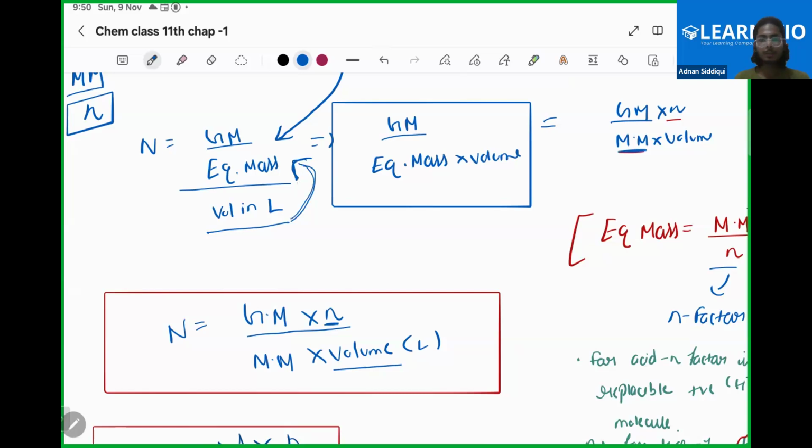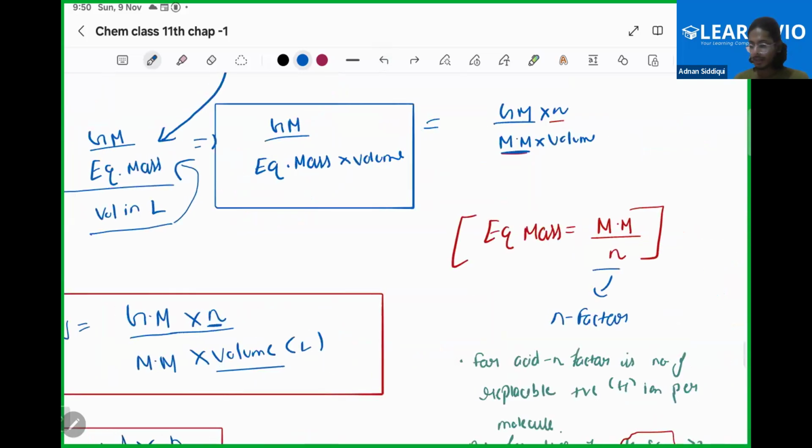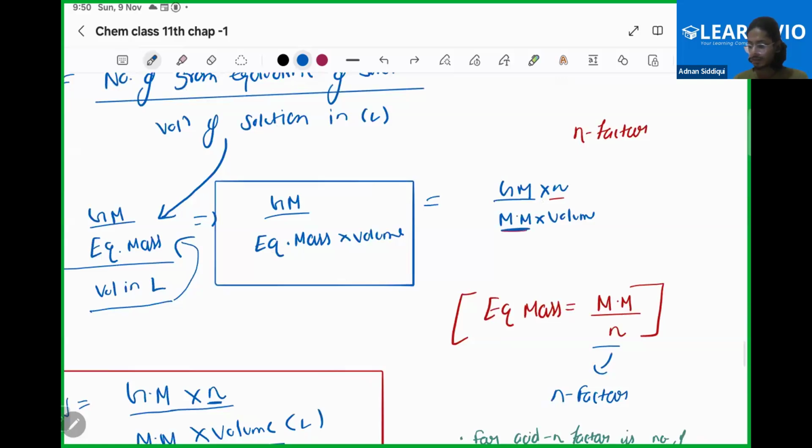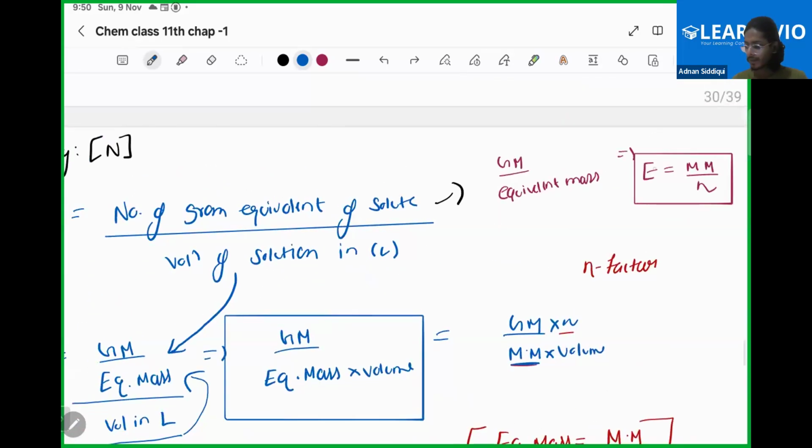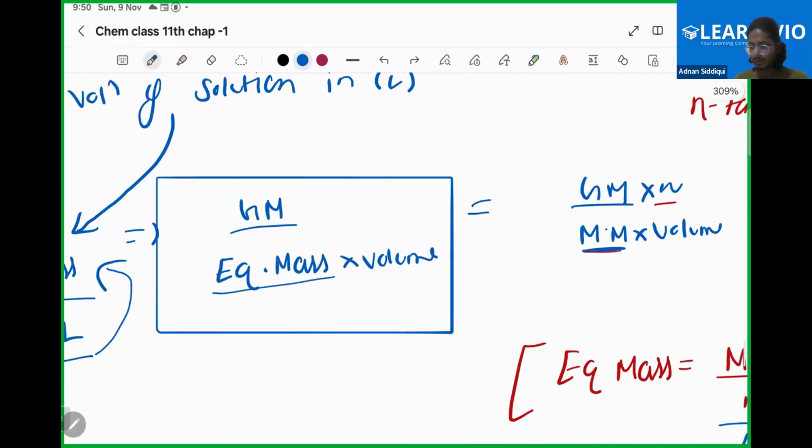Can I transfer volume here? Simple math, right? Now, what I found out is that equivalent mass is nothing but molar mass divided by n. Can I use equivalent mass as molar mass divided by n?